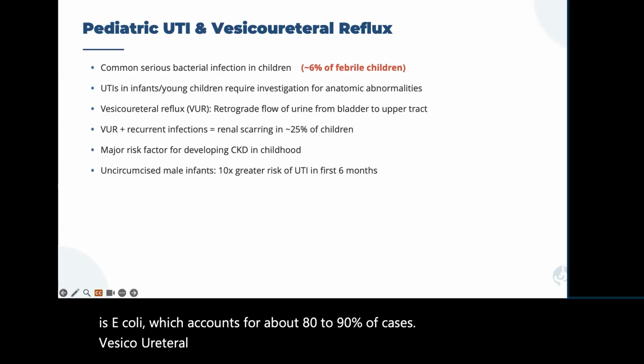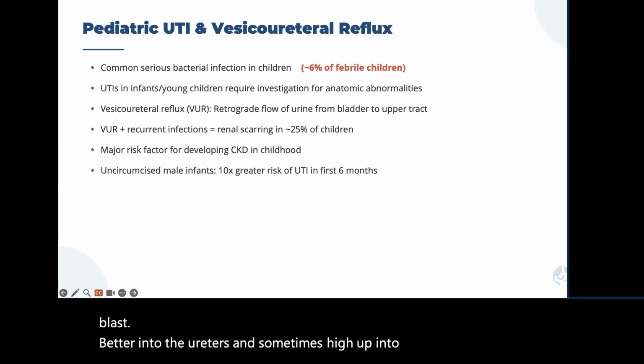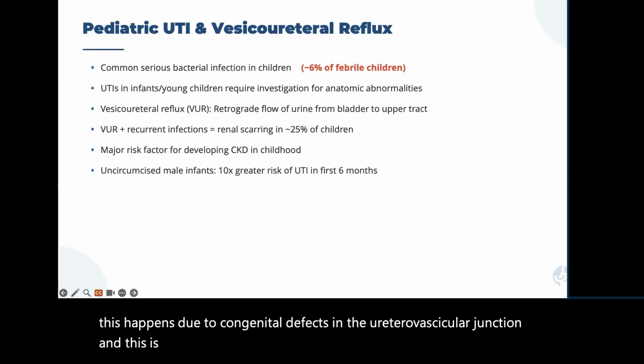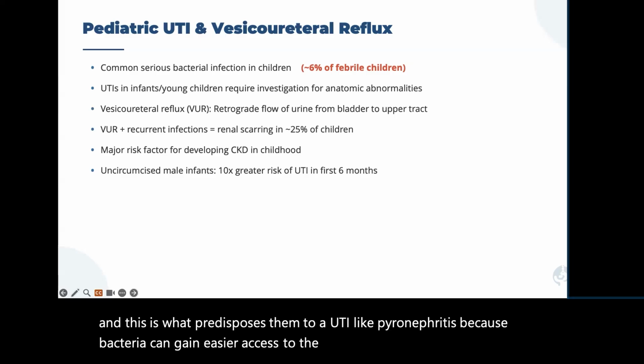Vesicoureteral reflux is an abnormal retrograde backflow of urine from the bladder into the ureters and sometimes high up into the renal pelvis. Now, this happens due to congenital defects in the ureterovesicular junction, and this is what predisposes them to a UTI like pyelonephritis, because bacteria can gain easier access to the upper urinary tracts.